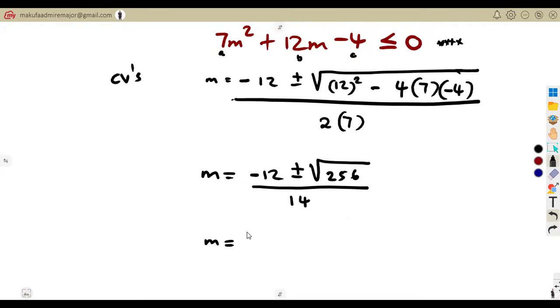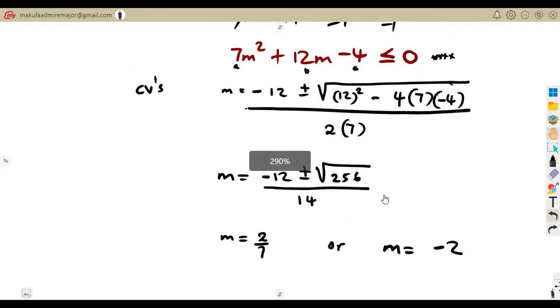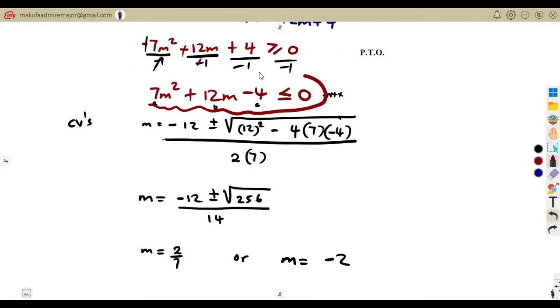You're going to obtain two possible values of m: 2 over 7 for the positive, and an m which is minus 2. But remember, like I was saying, the new inequality that you're now solving, divided by negative 1, we now have a new inequality.